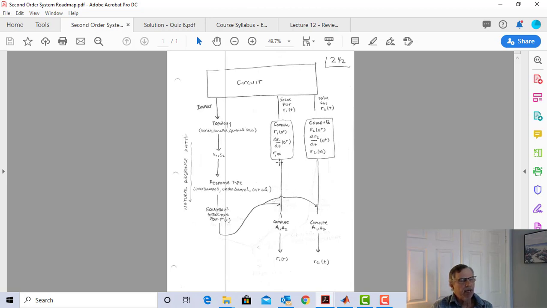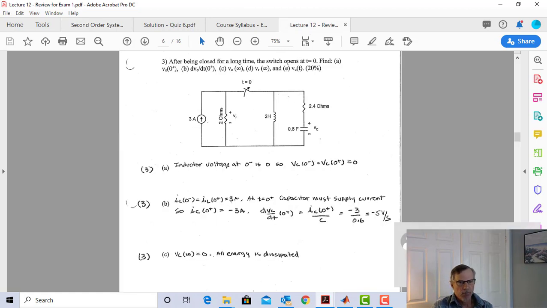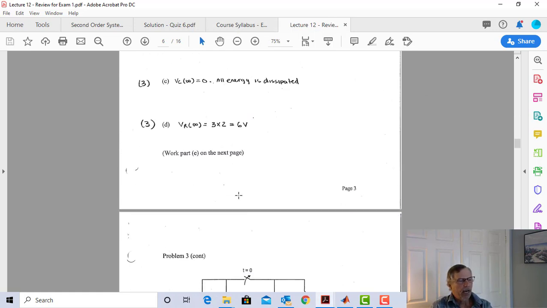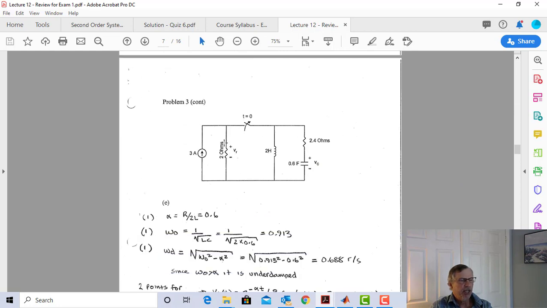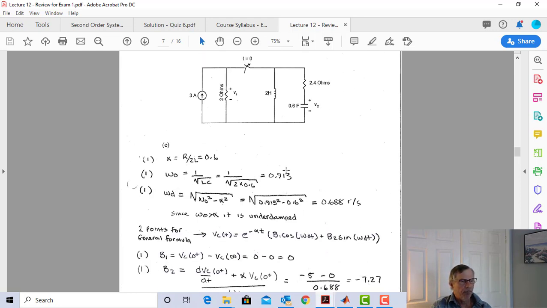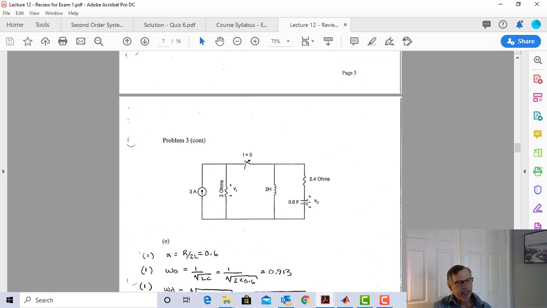Because you may have messed up here, but you want partial credit here. So when I get to this stage here, and I didn't do it here, but do what I say, don't do what I do, I am going to write down my Vc at 0 plus, dVc dt at 0 plus, and Vc of infinity.